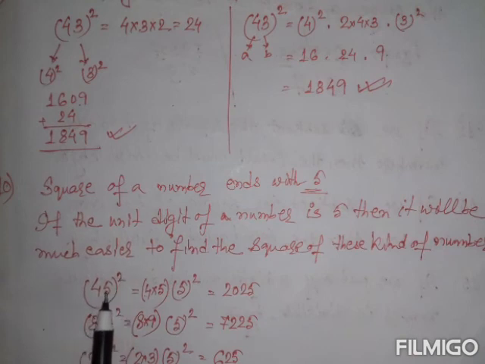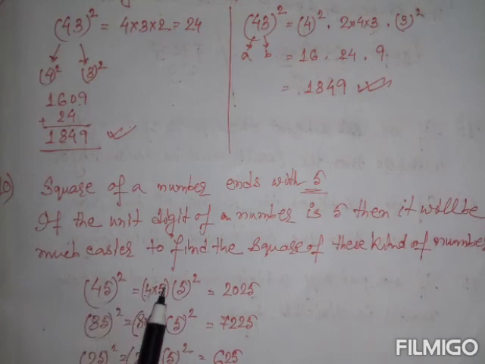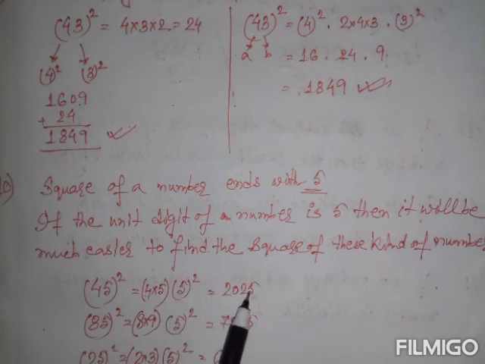At first we take 5 square. Write here 5 square. Then take this 4, and after that we get 5. Means 4 into 5 is equal to 20, and 5 square is equal to 25. In this way, 85 square means 5 whole square and 8.